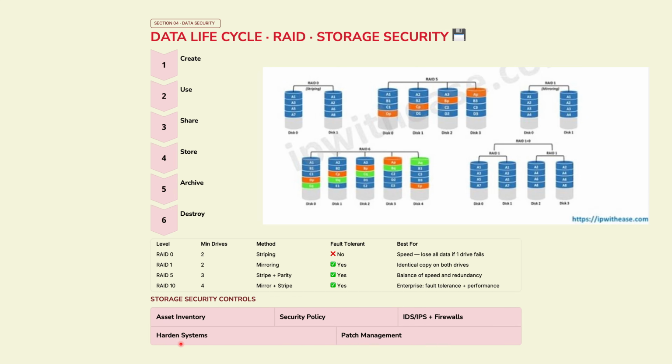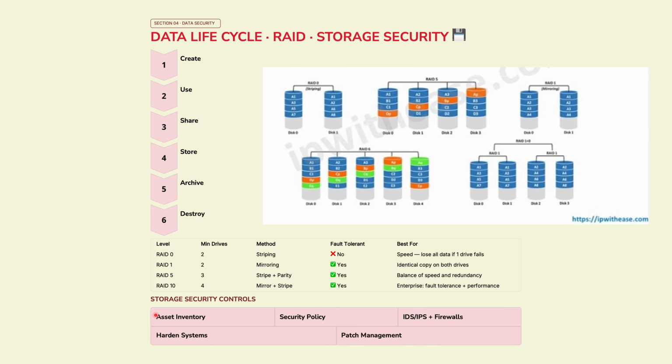System hardening, reduce attack surface by removing unnecessary services or applications. And finally, patch management, maintain currency of security updates. Now, data security is only effective when the right people have the right access. That brings us to our final objectives.